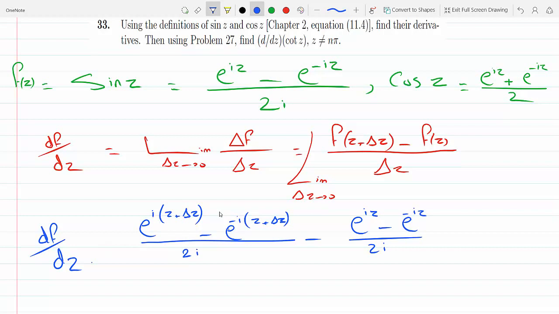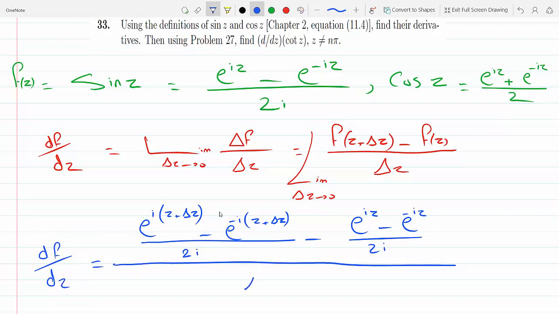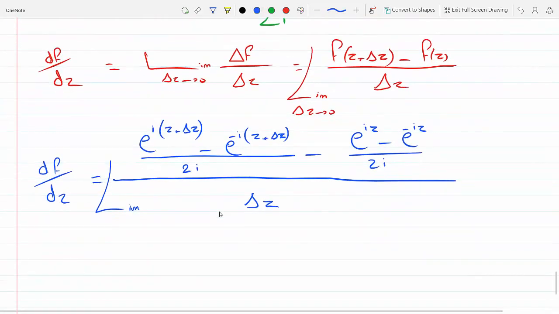This is all over delta z, and at the end we're going to take the limit as delta z goes to 0.